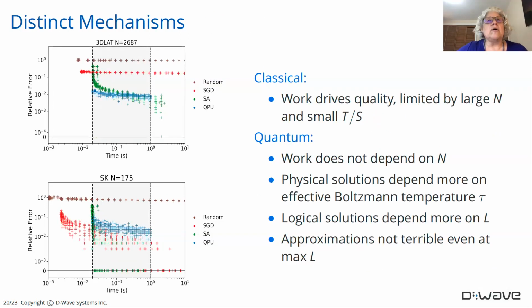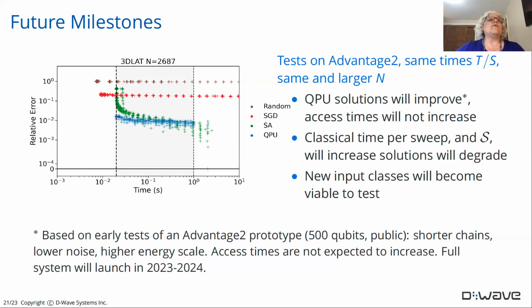All right, so I think that I've pretty much said everything on this slide. And so what this means is, we have this Advantage 2 prototype. It's only got 500 qubits, but it's been sitting in the lab for half a year now, and we can see performance-wise that Advantage 2 has a Zephyr topology, which will allow embeddings with shorter chains.